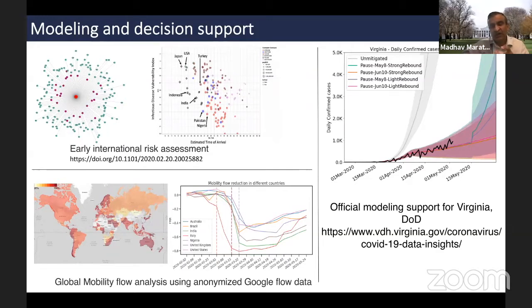So if you take a patch IJ in this global grid and you have another patch KL, then this tells you the human mobility flow, normalized and aggregated, anonymized, but still has a lot of information in a certain sense.